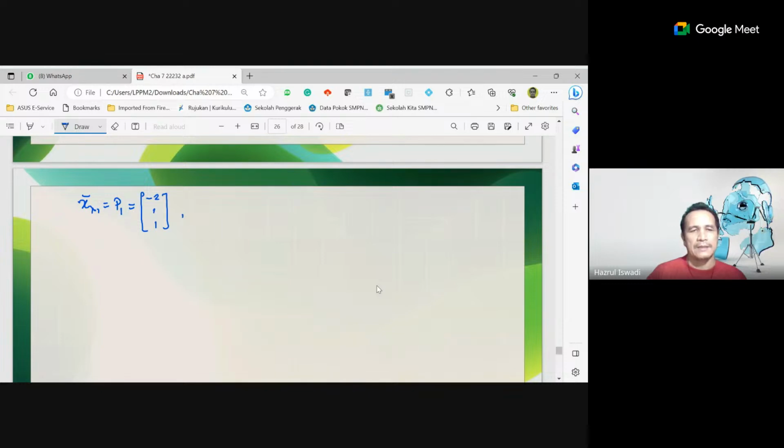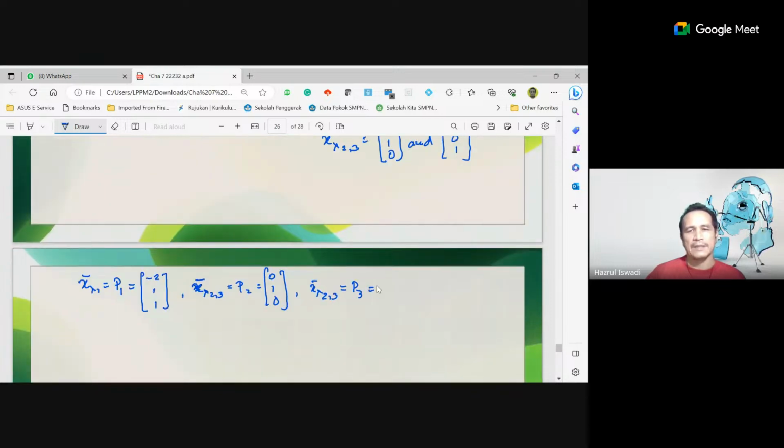The others, for lambda 2 and 3, can be P2, which is (0, 1, 0), and P3, which is (-1, 0, 1).